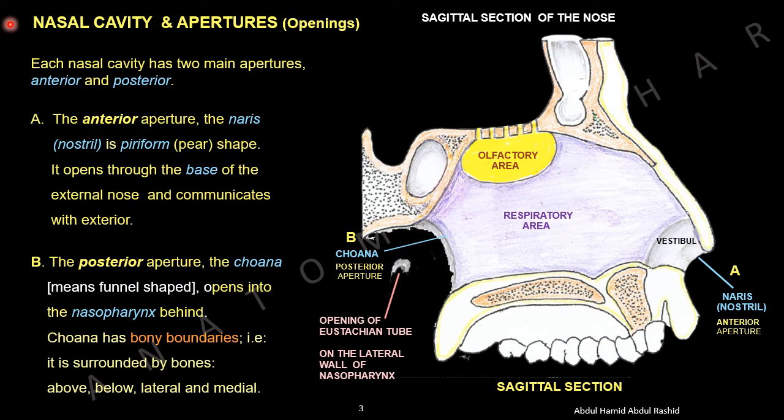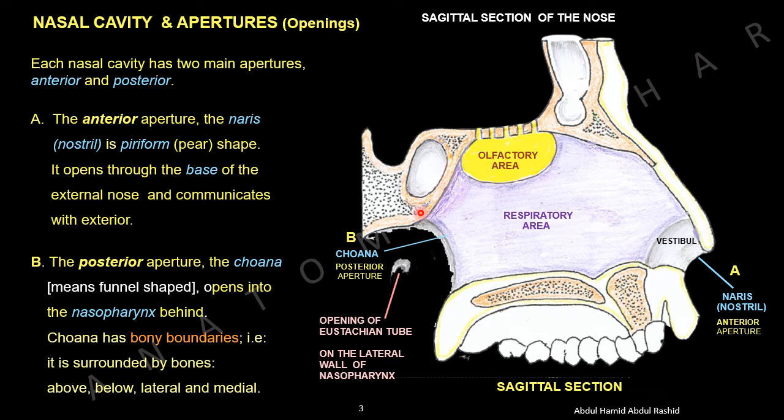Nasal cavity and apertures, openings. This is the sagittal section of the nose. This is anterior. The nasal cavity has two main apertures, the anterior aperture and the posterior aperture.